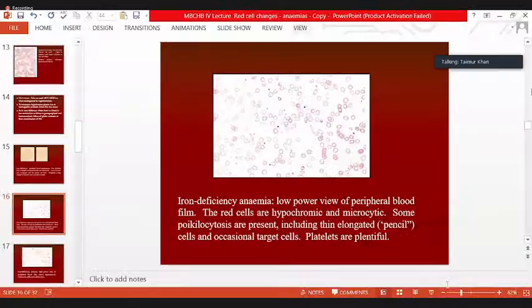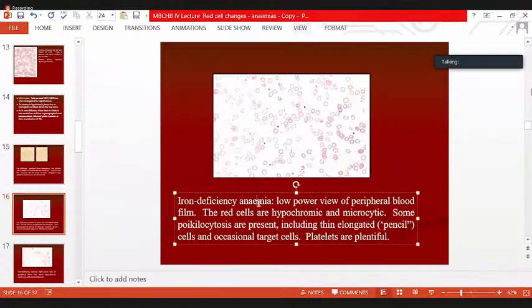Professor, is the screen okay now? No, it's okay. I'm trying to adjust it from my side. Give me a minute. This one should come down.